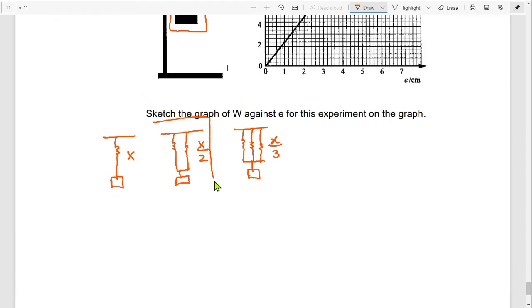Using this picture here, can you see that my extension becomes half? It's X over 2, half of the original extension.